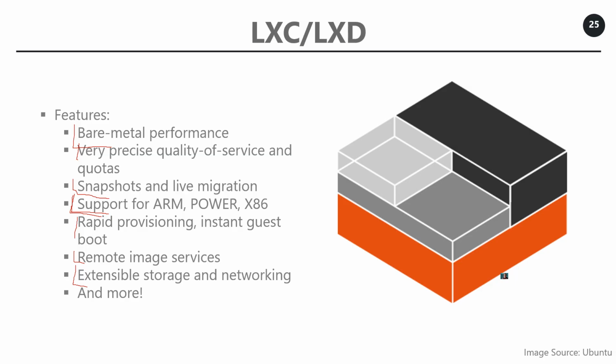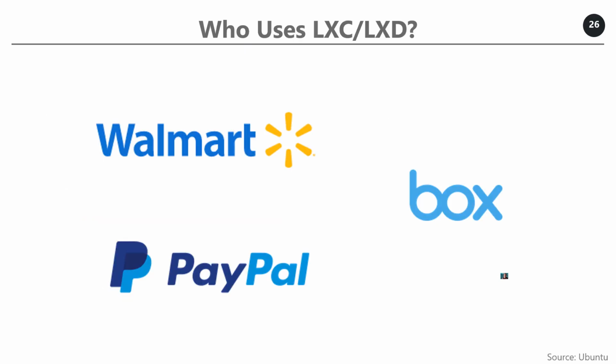We're not going to go into details of LXC, LXD in lectures, but you will have a lab on that, where everything will make more sense. Who uses LXC, LXD? Walmart, Box, PayPal, etc. There are many companies using that.